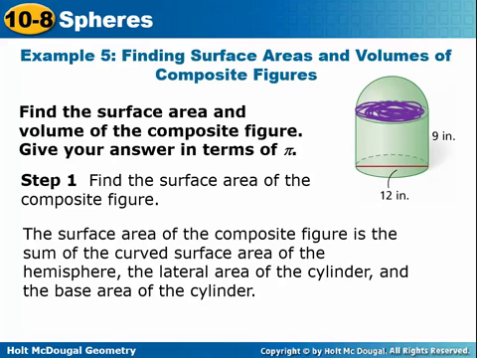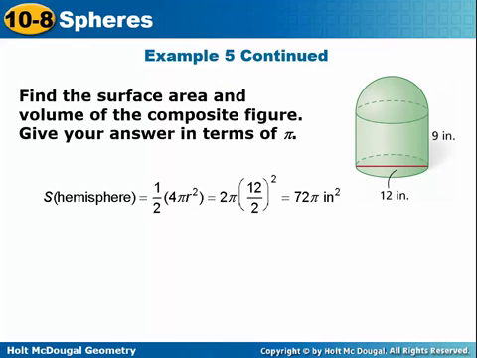Now, when we did surface area of a sphere, we had just a formula. So the surface area of a hemisphere is half of the surface area of the sphere. We don't need to worry about that closed-in circle. We don't have to add that to it because surface area of a sphere doesn't have any bases on it.